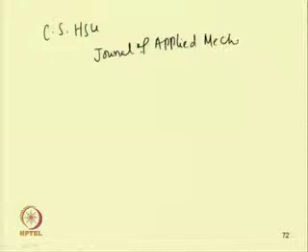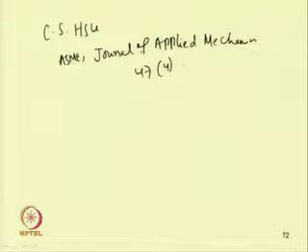One can refer to the paper by C. S. Hsu, published in the Journal of Applied Mechanics, Transactions of the ASME, volume 47, number 4, pages 931 to 939, in 1980. This is on cell to cell mapping.